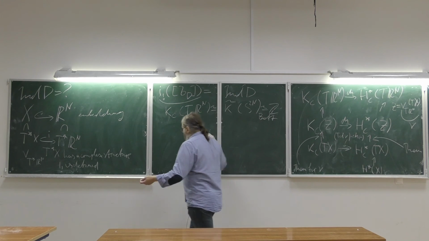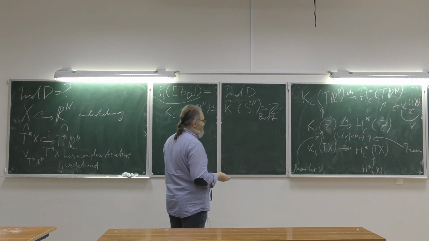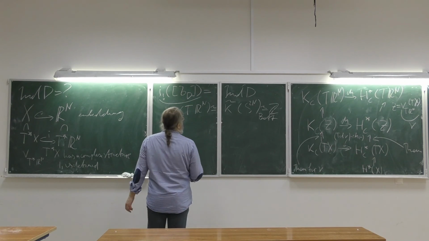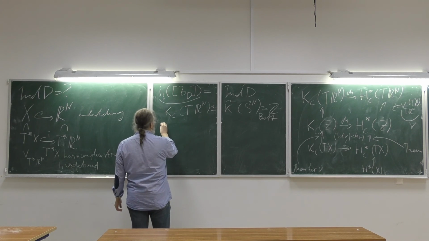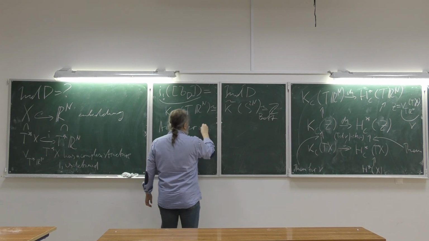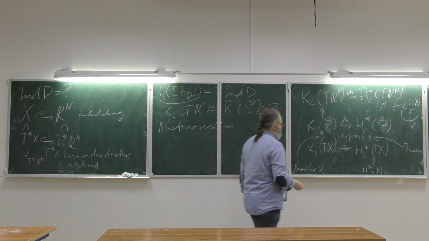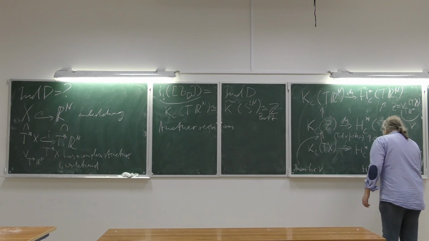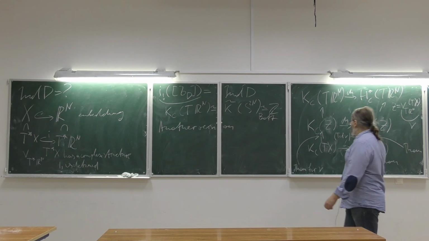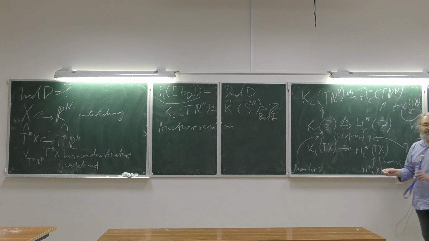Cohomology is, well, maybe more familiar to many people than K-theory. So this is Thom. Well, to be quite honest, we have this arrow only if x is orientable in the usual sense.